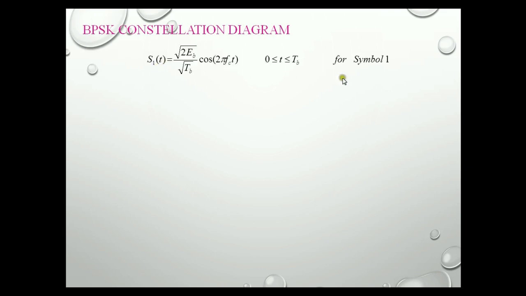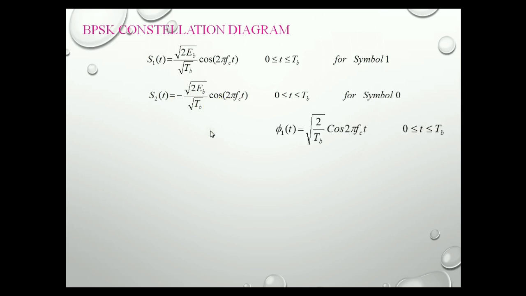We know very well, for a binary 1, the signal which is transmitted is S1 of t, which is equal to square root of 2EB divided by square root of TB cos 2 pi FCT. Whereas for binary 0, the signal is S2 of t, which is equal to minus square root of 2EB divided by square root of TB cos 2 pi FCT. Let us assume psi 1 of t as equal to square root of 2 by TB cos 2 pi FCT.